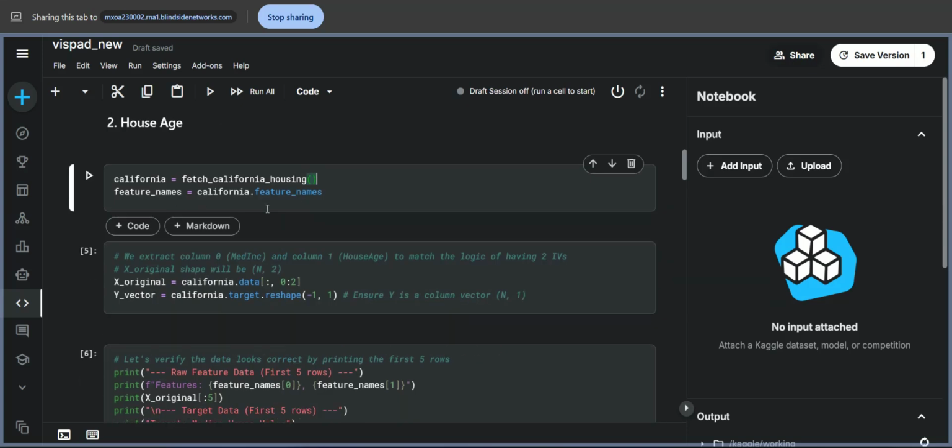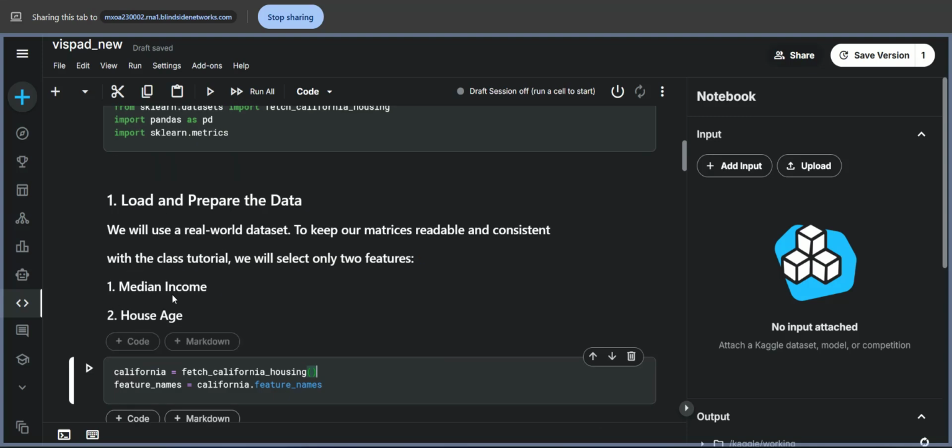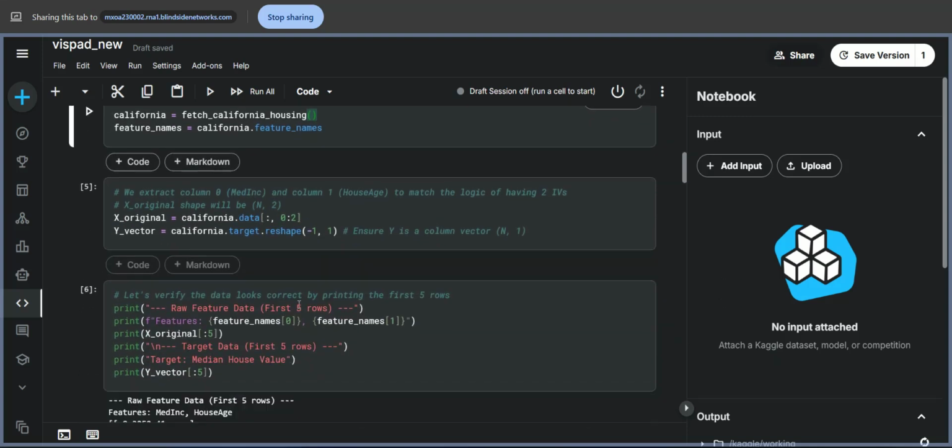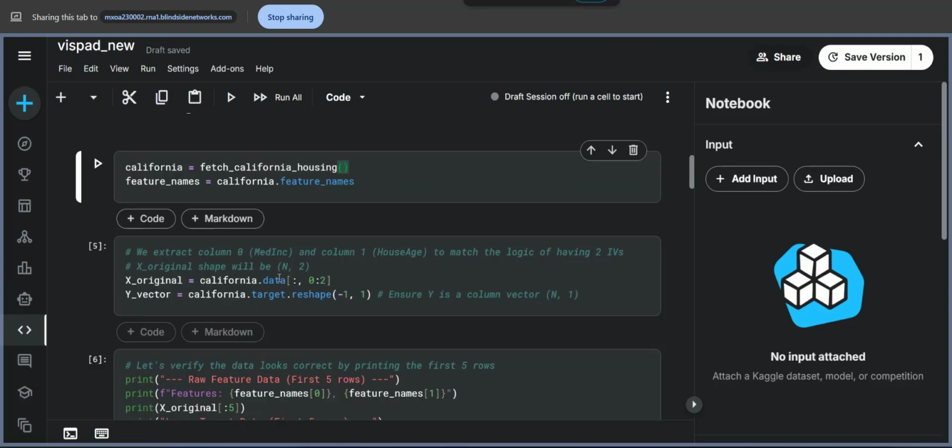So for our x data, we are going to pick two features from the eight initial features that were available, the median income and the house age, right? If you actually check, let me zoom in a bit.